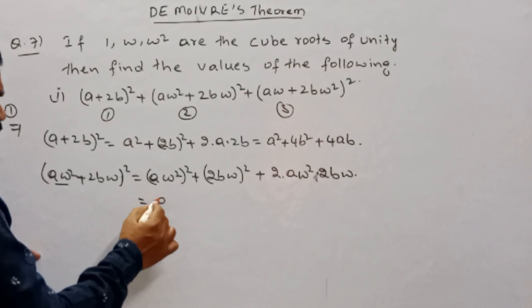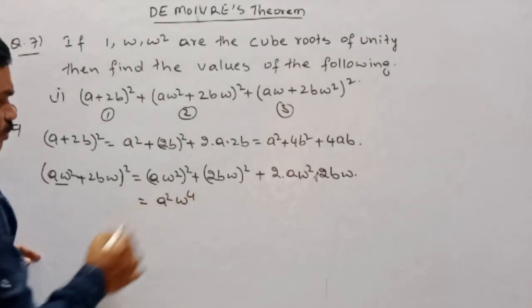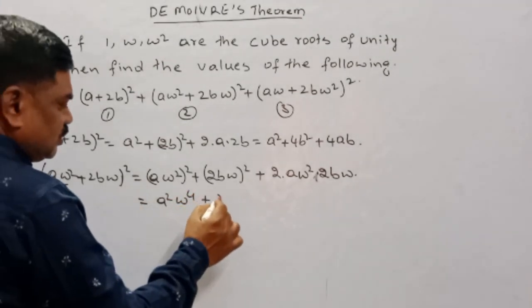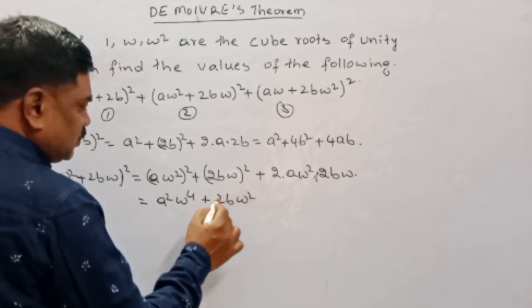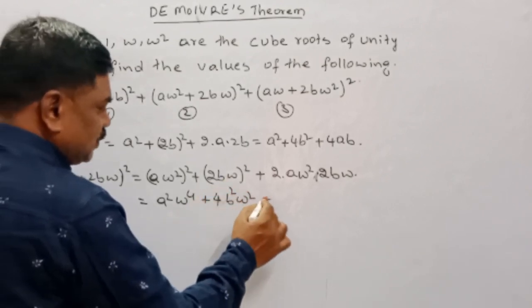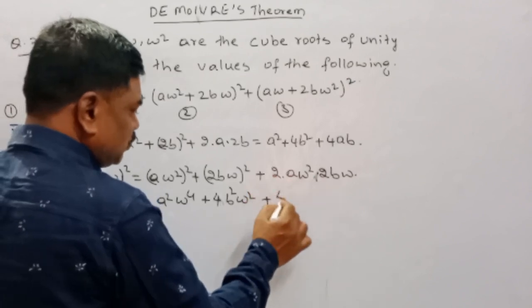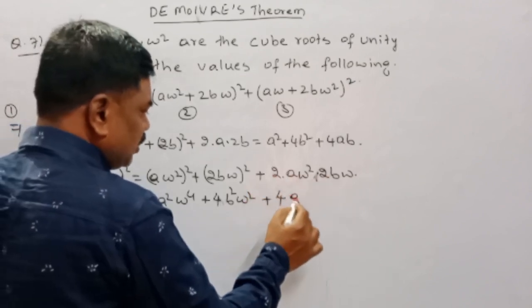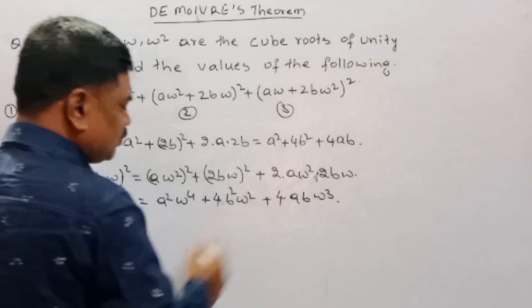So what we have? a square omega power 4 plus 4b square omega square plus 2 into 2, 4ab omega cube.